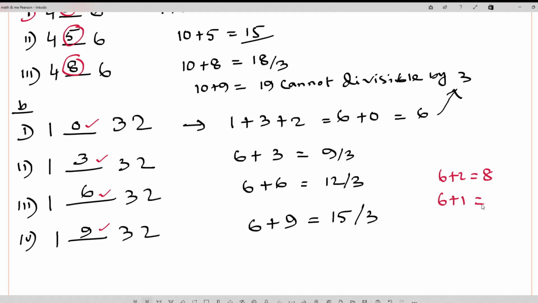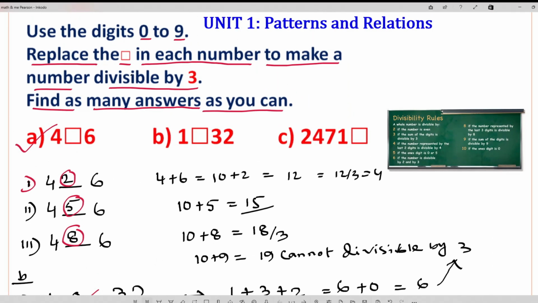If we use 1, 7 cannot be divisible by 3. If we use 4, 4 plus 6 is 10, it cannot be divisible by 3. Only 0, 3, 6, 9. So here the answer is 0, 3, 6, 9, and here 2, 5, 8.